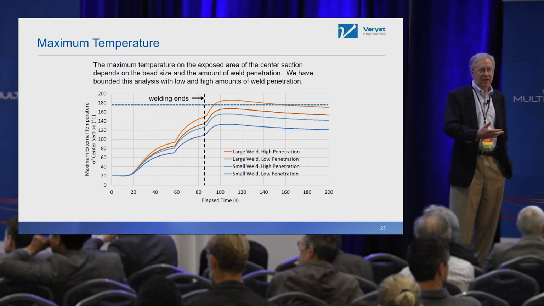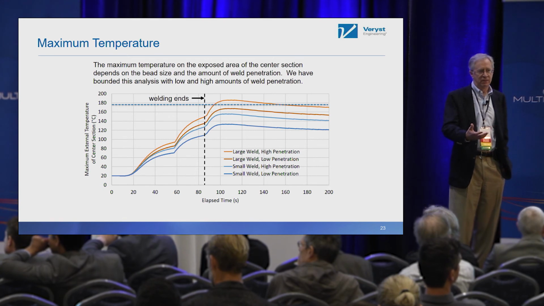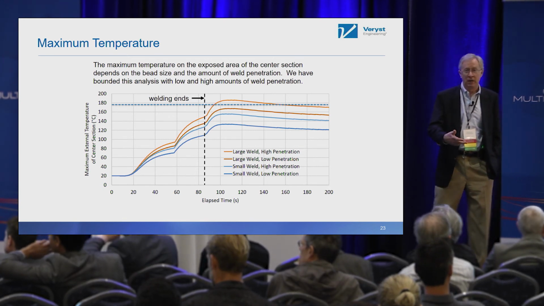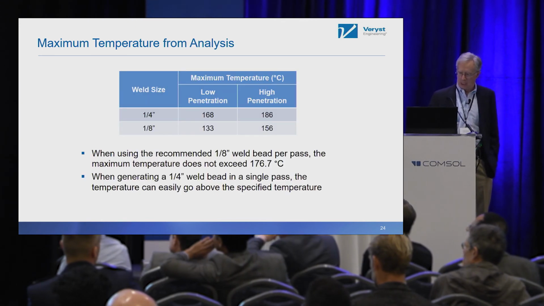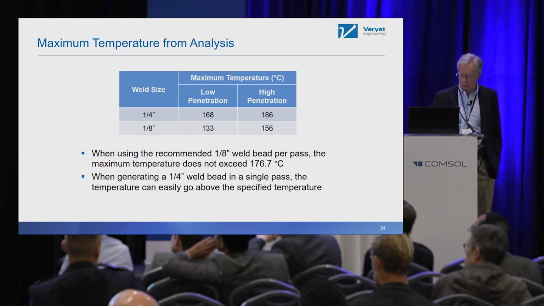Therefore, this provides a plausible explanation for why this leak occurred. And this is just a table which represents that same result. Remember, the temperature was supposed to be 176, and even under conservative conditions, we exceeded that.